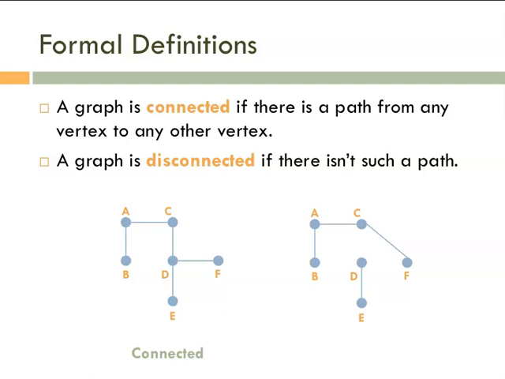Without taking out any edges, you're able to take apart the graph into 2 parts, right? You can pull up that first part with B, A, C, F, and the D and the E, you could pull down, and they would be 2 very separate graphs, right? So in that case, we would say that they are disconnected.